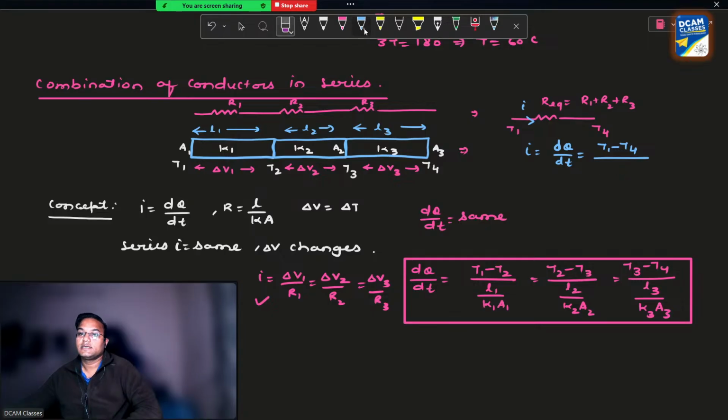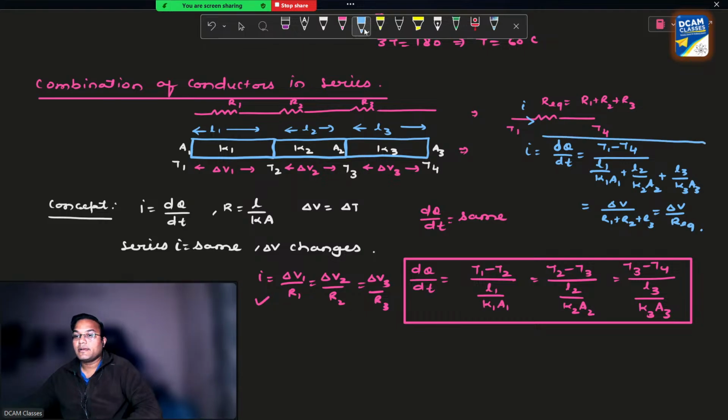That is L1 by K1A1, L2 by K2A2 plus L3 by K3A3, when it is compared with current delta V by R1 plus R2 plus R3. You understood now what I'm trying to show?